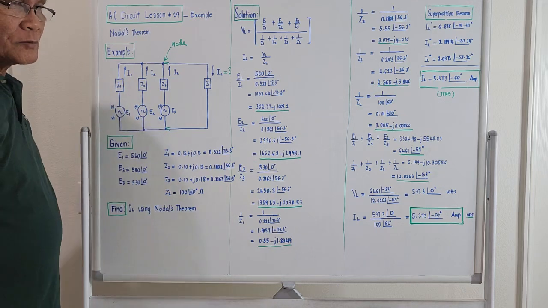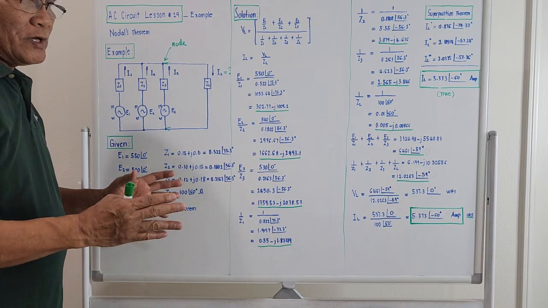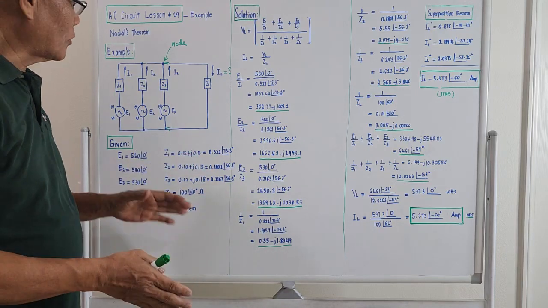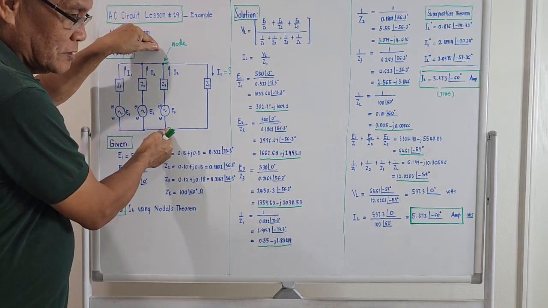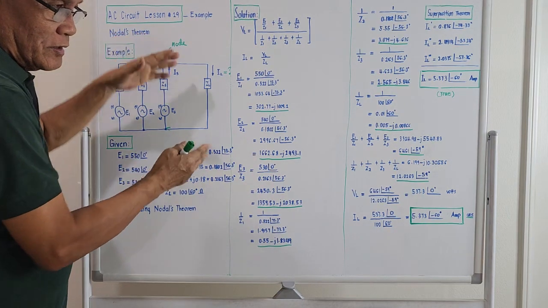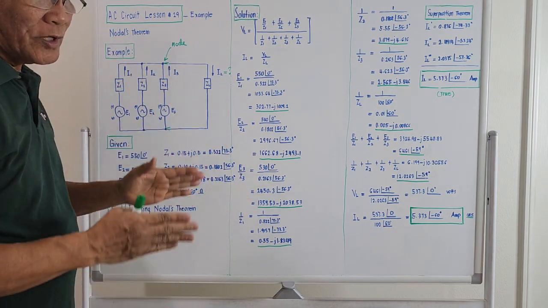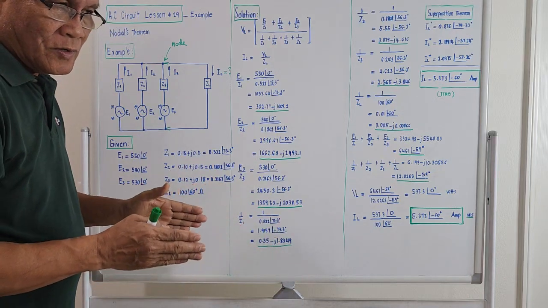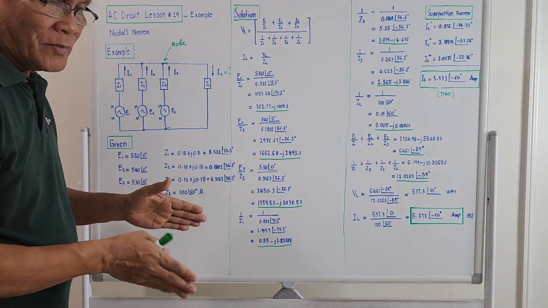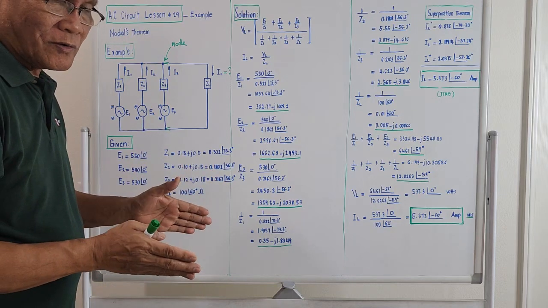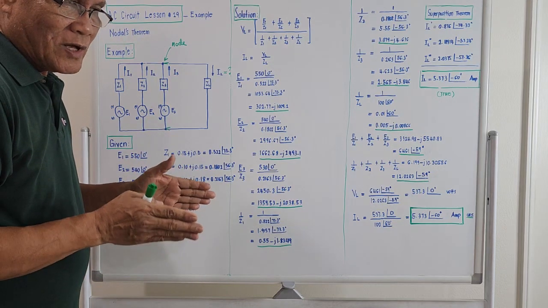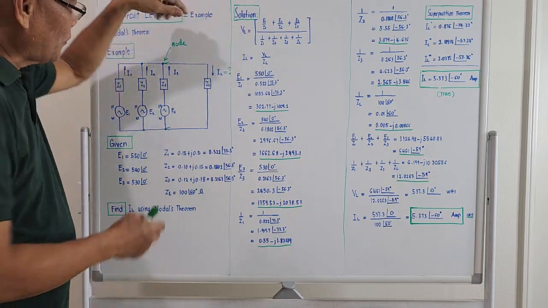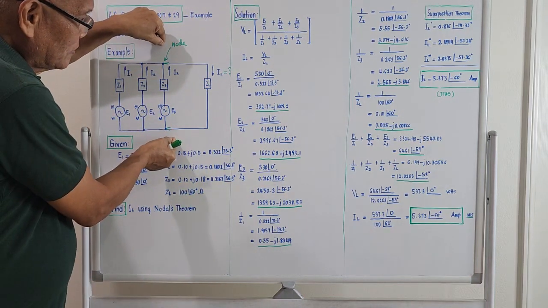Oh, this is a complicated problem. If we haven't derived the formula on how to compute for the voltage across this, it's a complicated solution. So it's either we use the so-called superposition theorem or the Nodal's theorem. But under the Nodal's theorem, it is much simpler because we are now given the equation for the computation of the voltage across this.